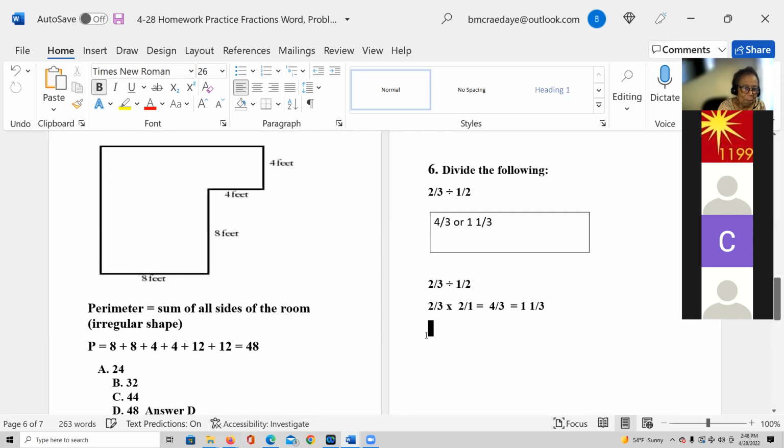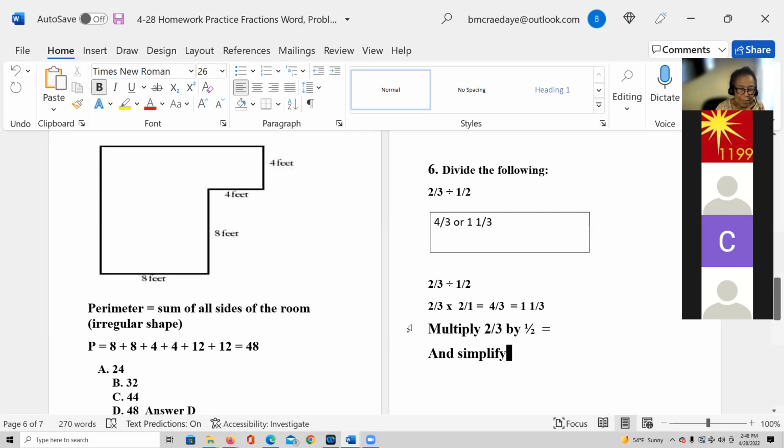Now, Mercedes, let me ask you, suppose I ask you to multiply the same thing I just gave you, 2/3 by 1/2. What do you get? Multiply 2/3 by 1/2 and simplify.